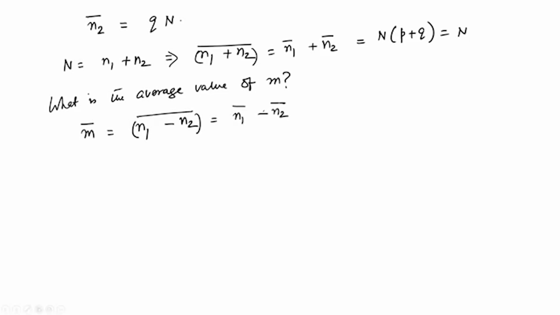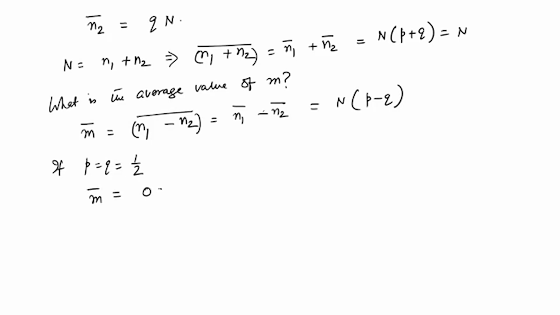What holds for addition also holds for subtraction, so this is equal to N into p minus q. So the average of m is given by N into p minus q. In a special case, if p equal to q equal to half, that is, if there is equal probability to take a left step and a right step, then as understood, this difference should go to 0.